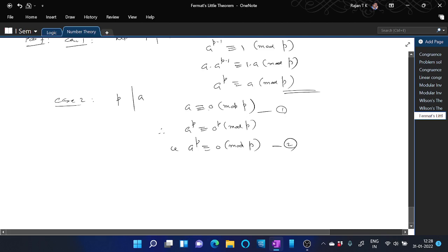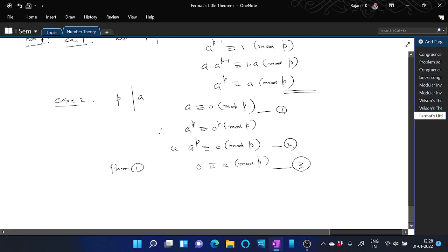Also, by 1, since A is congruent to 0 mod P, and its congruence is a symmetric property, from 1 we have 0 is congruent to A mod P. 3.